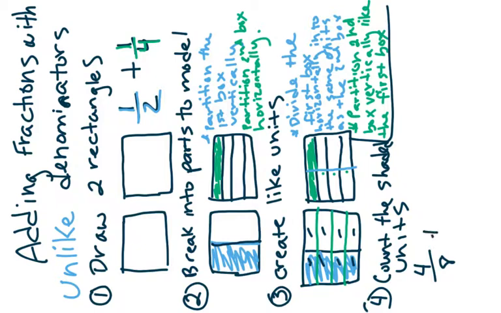So we're going to add that. Let me use this color. We're going to add that to, we have 1, 2 parts out of 1, 2, 3, 4, 5, 6, 7, 8. So it now has a common denominator.